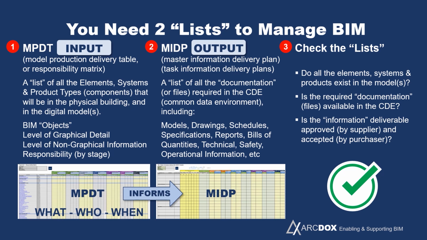So we can check the first list to make sure that those elements that we've specified within the responsibility matrix exist within the various models. We can also begin to check how far the documentation is and all the files are progressing within the common data environment. So to effectively manage this information, these two lists are incredibly important.